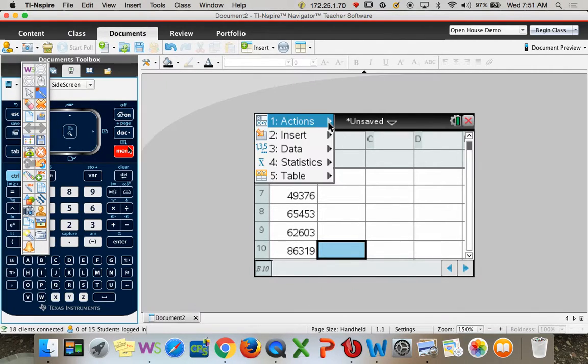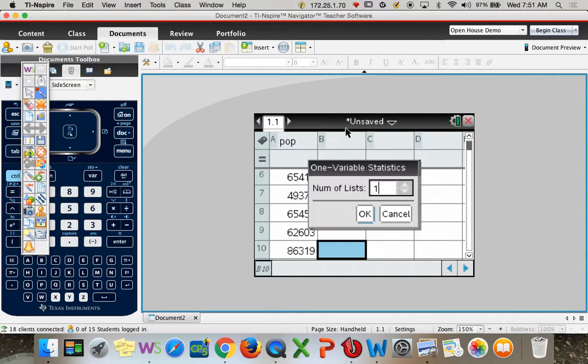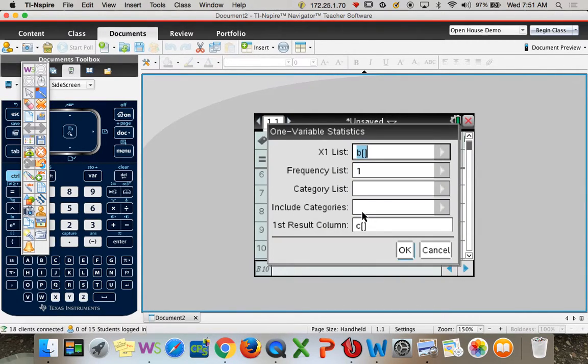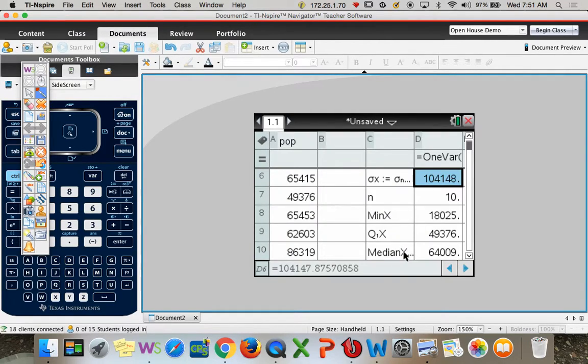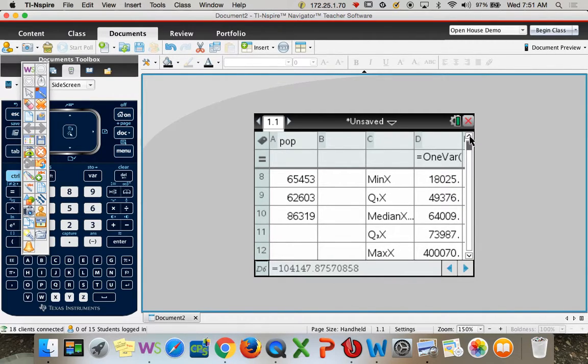We're going to go to Menu, Statistics, Stat Calculations, One Variable Statistics. There's one list. It's called Population. And we have a bunch of information here, including our 5-number summary. So we have the minimum, Q1, median, Q3, and maximum. I'm going to write those down.